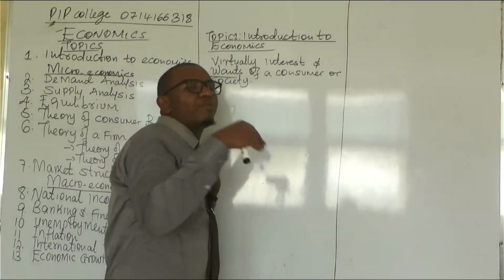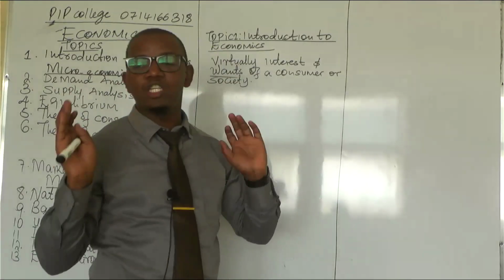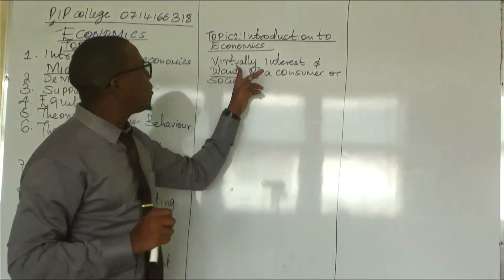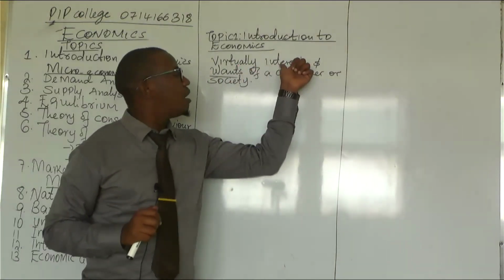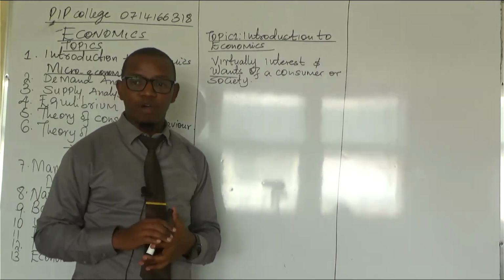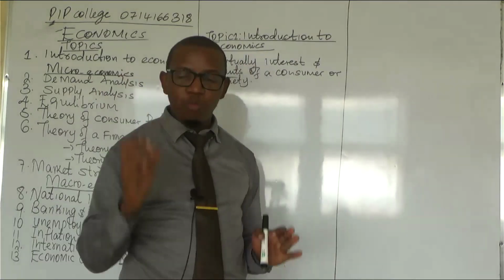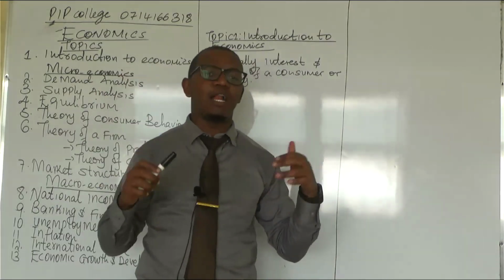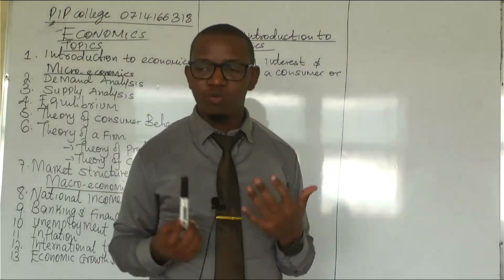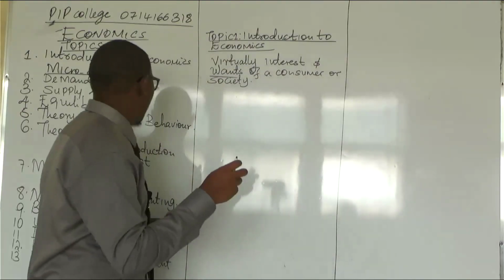And that is from the definition of it, we are talking of how the allocation of scarce resources is done among the competing and virtual interests and wants of our consumer. Here we are talking about human wants. Human wants, in this case, we say they are limitless. You can never have enough of what you want. And that is why we are saying they are limitless.